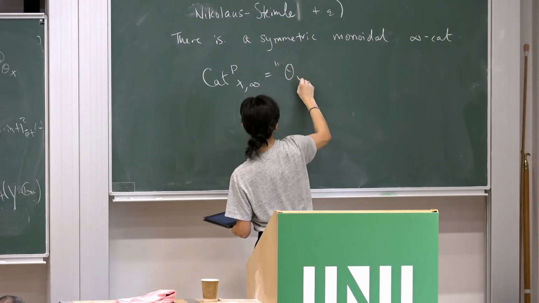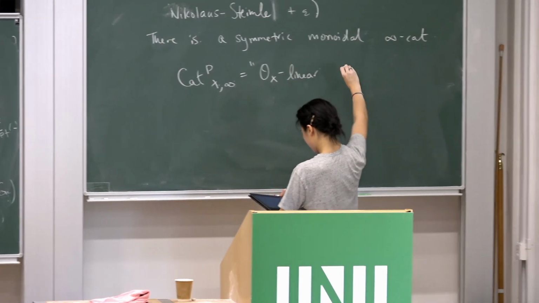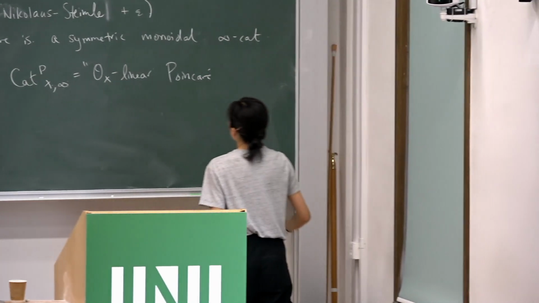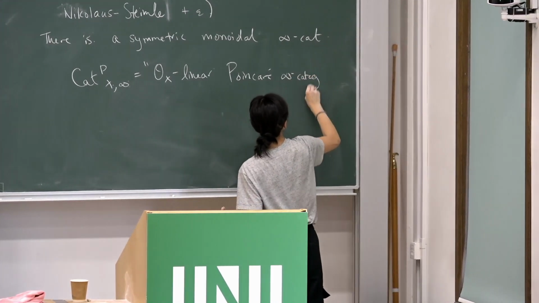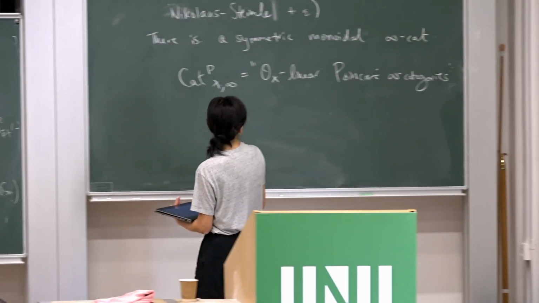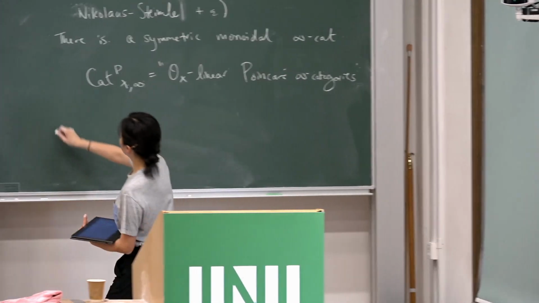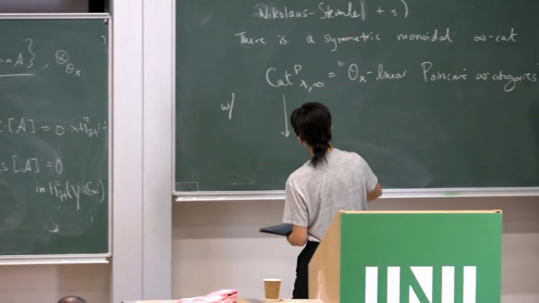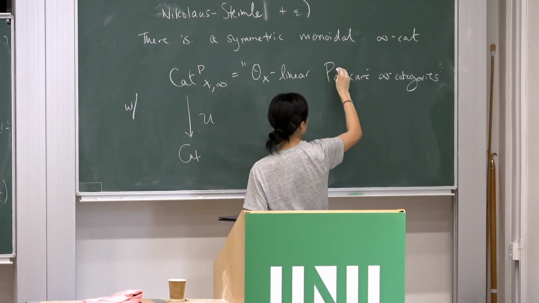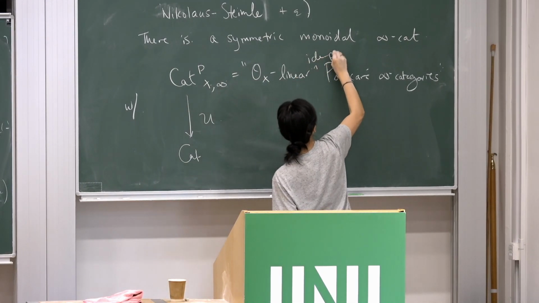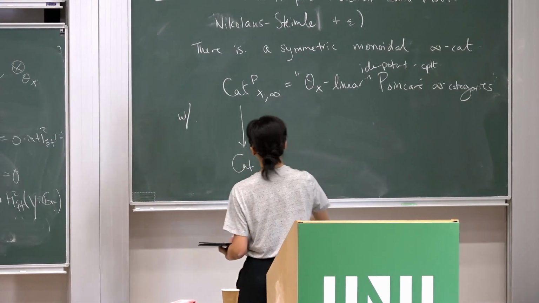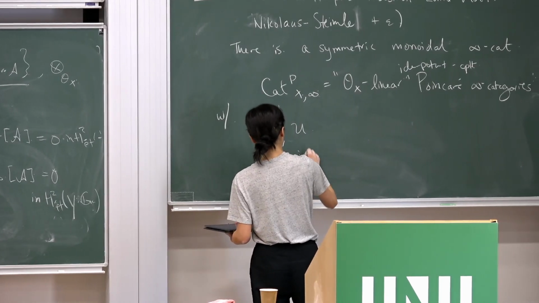I'm going to call these OX-linear Poincaré infinity categories, with a forgetful functor, let me suppose I've taken the idempotent complete ones, and this maps down to the category that we considered earlier.